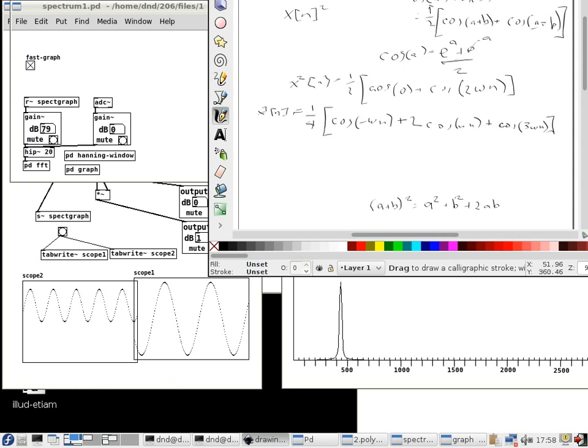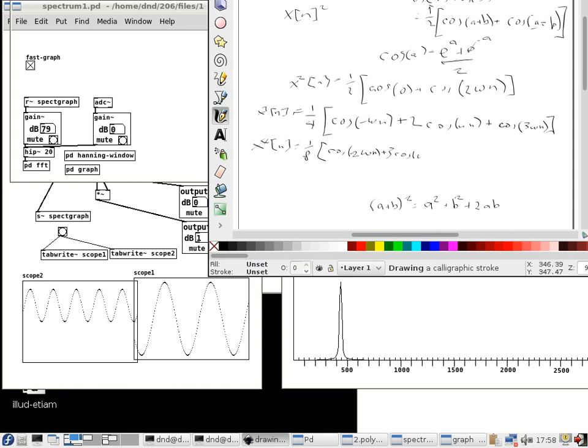Let me do one more and then I'll go back and show you how this is happening. All right, so the fourth power is 1/8 cosine of minus 2 omega n. All my bad habits are coming out.